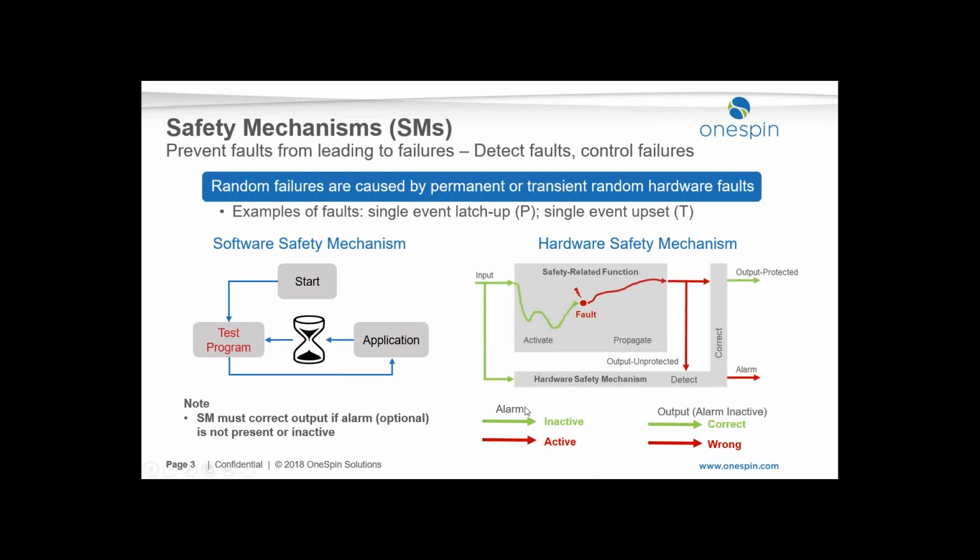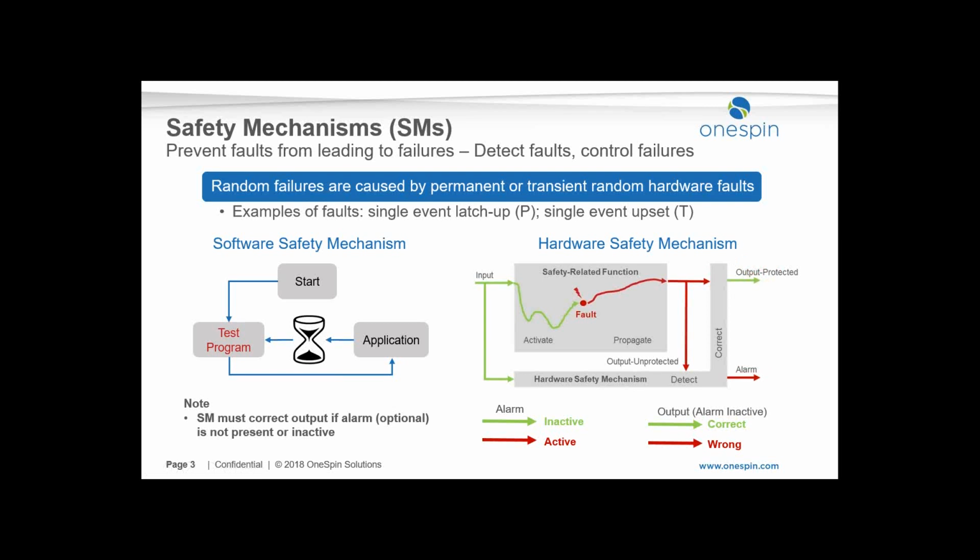And then when the alarm is inactive, so the safety mechanism is saying there is no problem that I detect, we indicate with green if we get the correct output, or in red if we get the wrong output, so we actually have a failure of our hardware, so to speak.